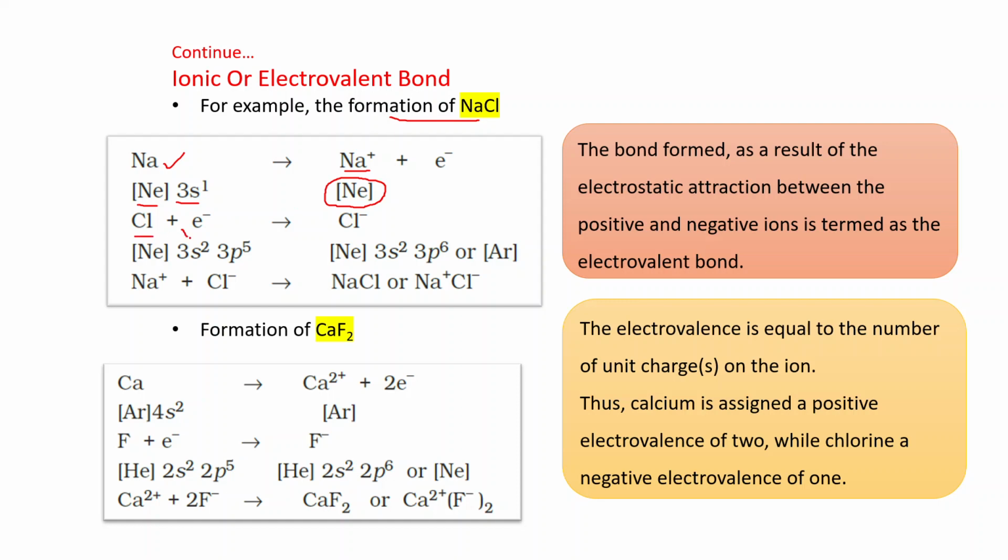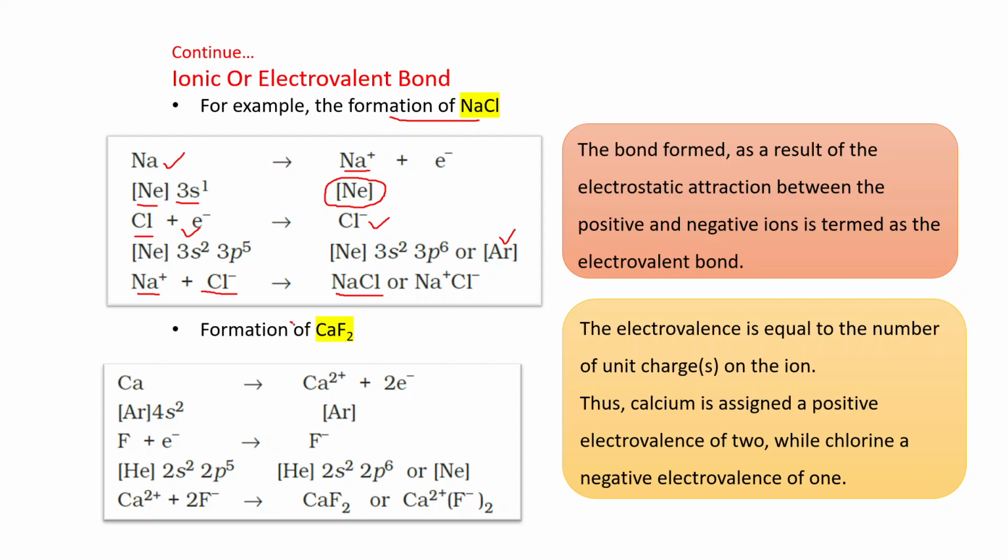Chlorine gains one electron and converts into Cl- ion. Again, this chloride ion has an electronic configuration similar to noble gas argon. Na+ ion and Cl- ion attract together and form the ionic compound NaCl.